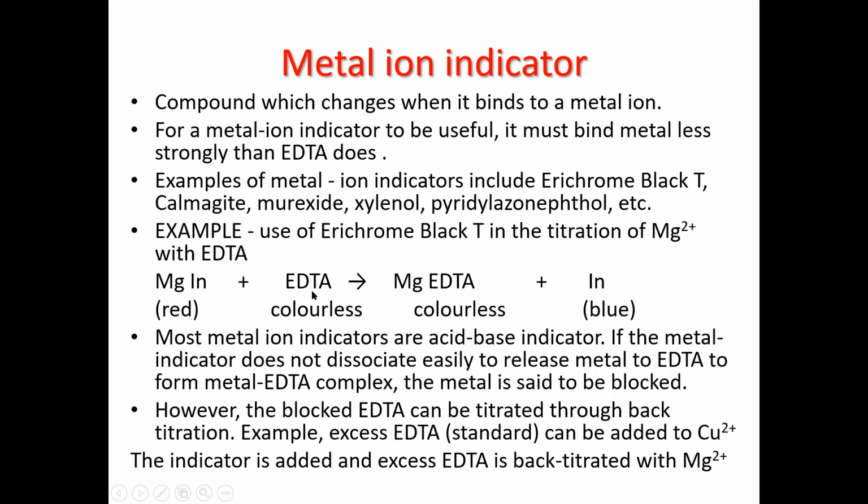Your EDTA is colorless. So your EDTA will be in your burette, and your metal ion and your indicator will be in the conical flask. By the time you start running your EDTA, at the end point, the EDTA strips off the indicator to bind itself to the ion, the indicator is taken away from the metal ion, and the indicator color will change to blue.